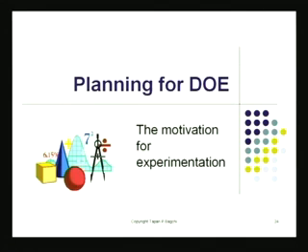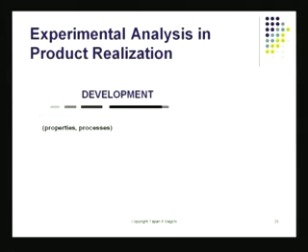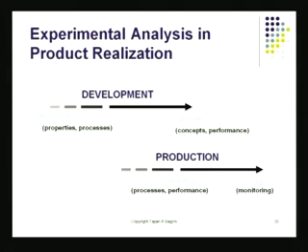In fact, the motivation for doing experiments can come from many different places. One of the key ones is product development, or even process development. We start with research and we move toward design, and in going from the left end of the arrow to the right, we need to do a lot of experiments.